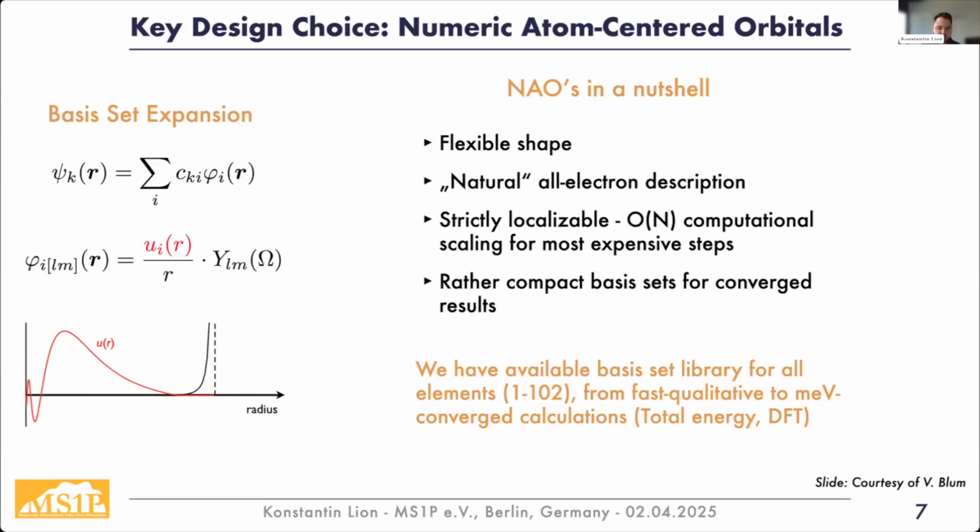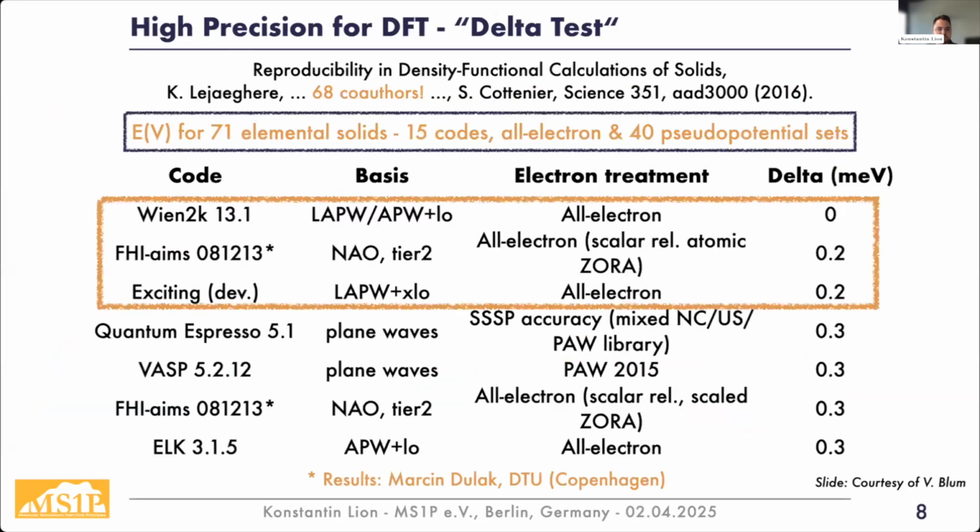So for example, if you're interested in GW calculations and so on, we also have specialized basis sets for those kinds of calculations. We hope that this makes it easier for new users to start right away, because they don't have to handle all of the specific basis set setup, but you always have the flexibility to change things yourself. That's really one of the main key parts of the code. So you can just change stuff to your liking, of course.